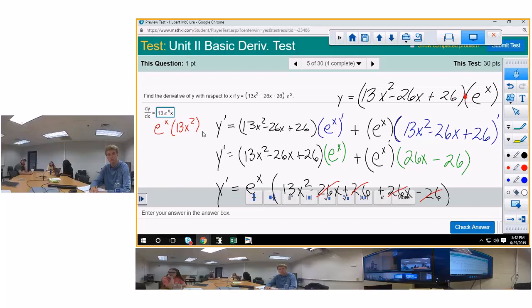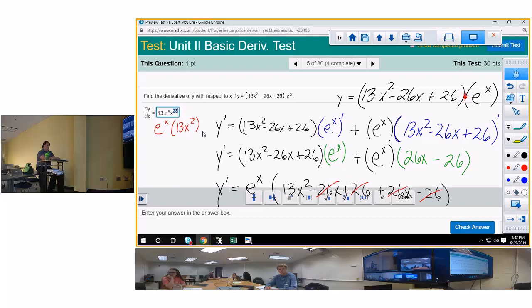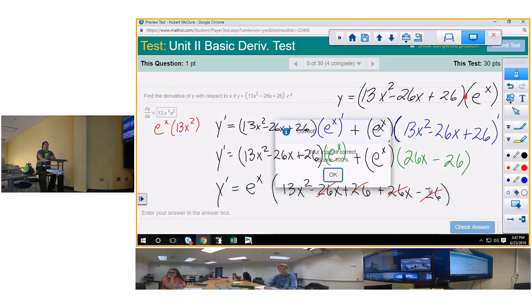I'm doing it this way just to see if it marks it wrong, because that would be the least likely way to write it. Okay, it'll take all three answers. If it'll take that answer, it'll take all three. Next.